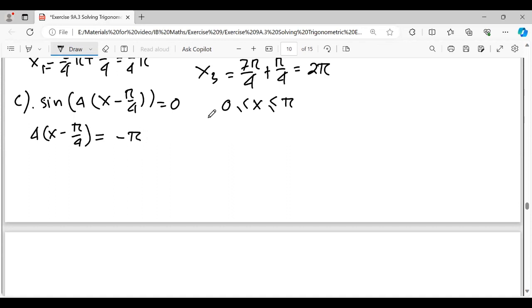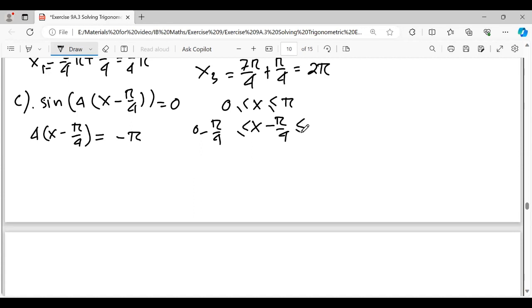Why negative pi? Because of the interval. If x minus pi over 4, this is 0 minus pi over 4, and pi minus pi over 4.